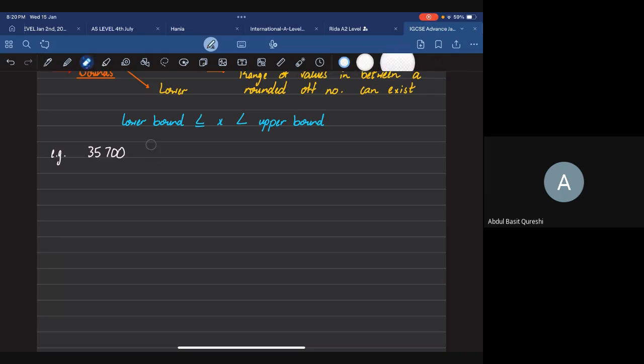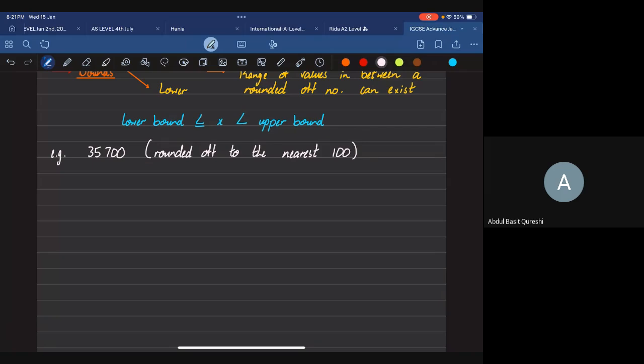So this has already been rounded off to the nearest 100.